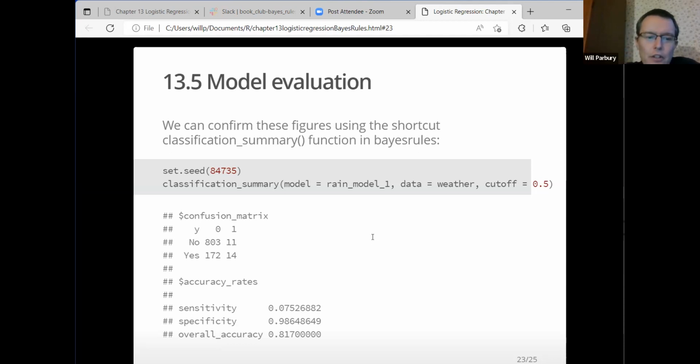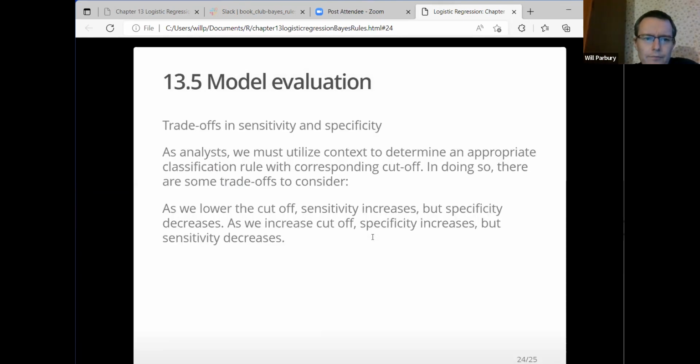But it's good to look at those two different measures, because that can affect how useful your model is. And you can actually vary that as well, which I think we come on to in a little bit. Right, okay, so yeah, it's basically the trade-offs in sensitivity and specificity.